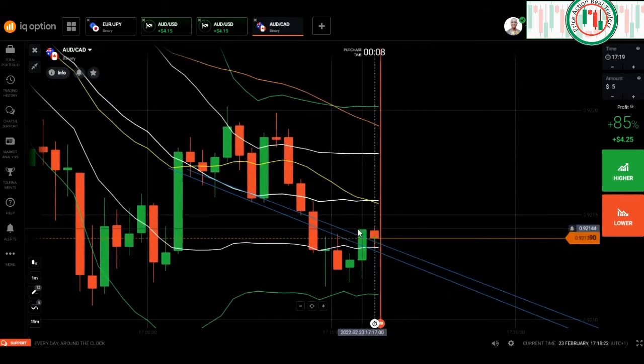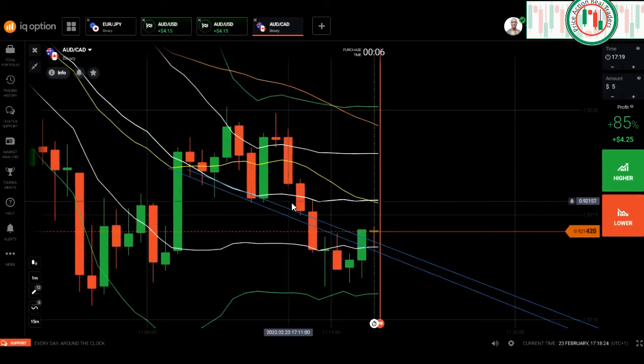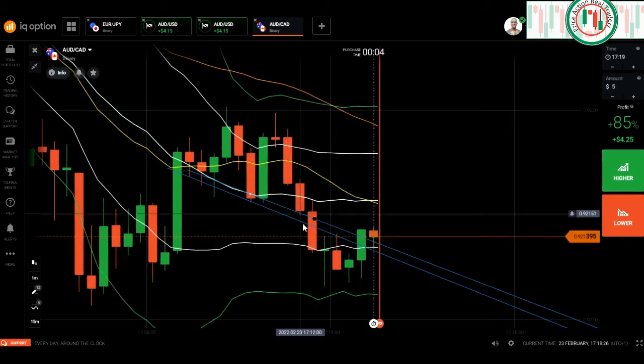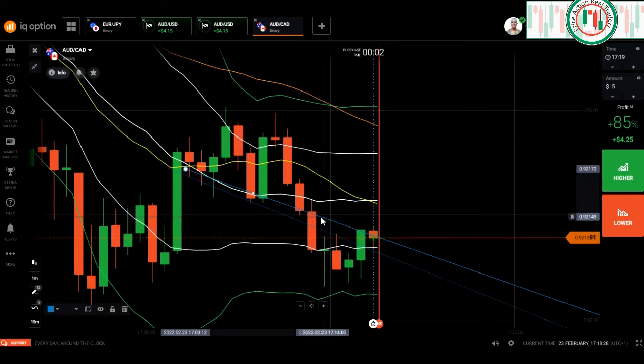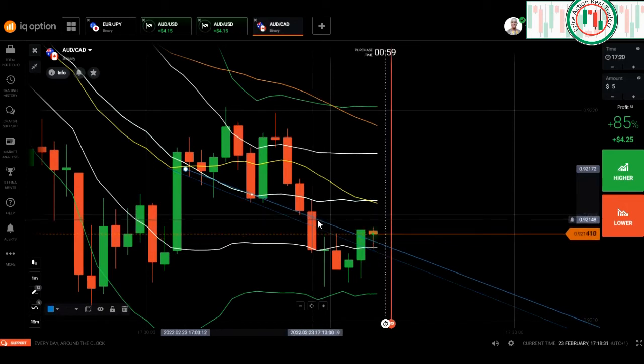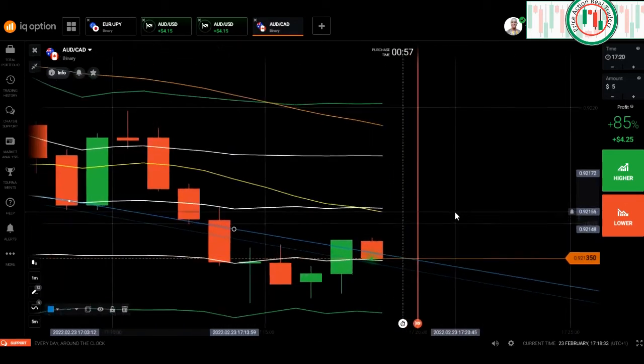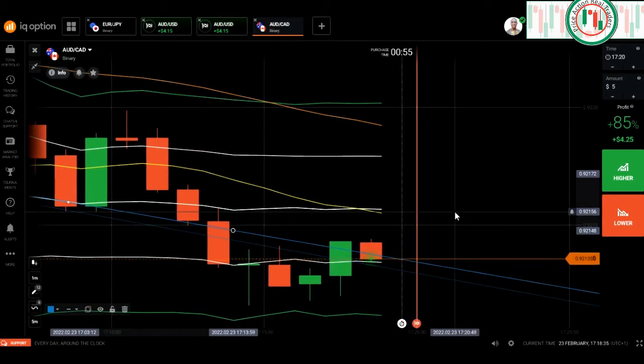Here is the breakout of this neckline. I will wait to see what will happen next candle, you see.